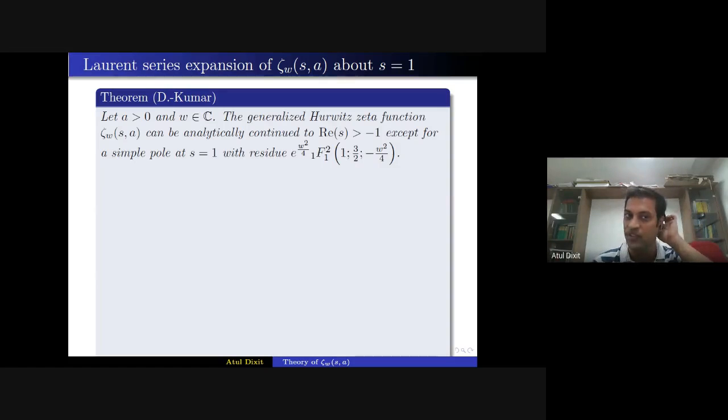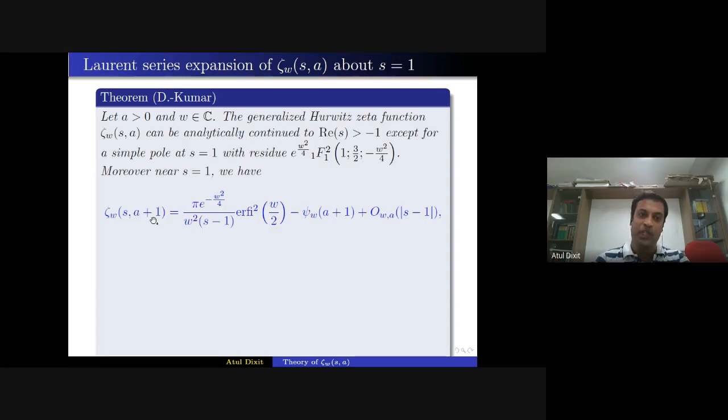The Hurwitz zeta function has a pole at s equal to 1, a simple pole with residue 1. But in this case, the residue itself is this exponential times the square of 1F1. So this is how zeta sub w looks around s equal to 1. This thing involving the error function is nothing but equivalent to this.